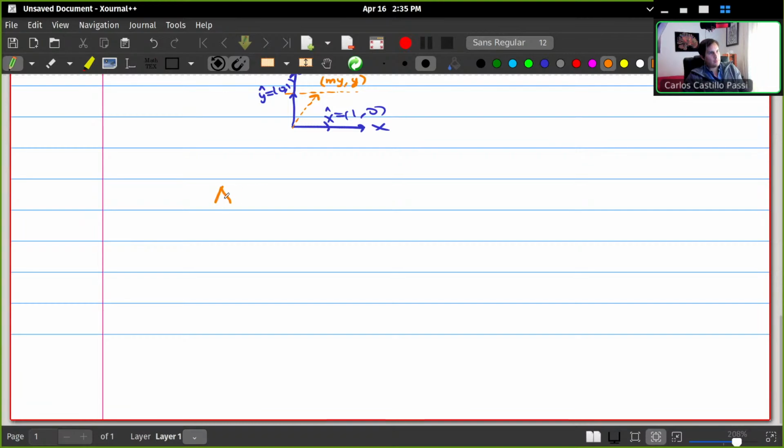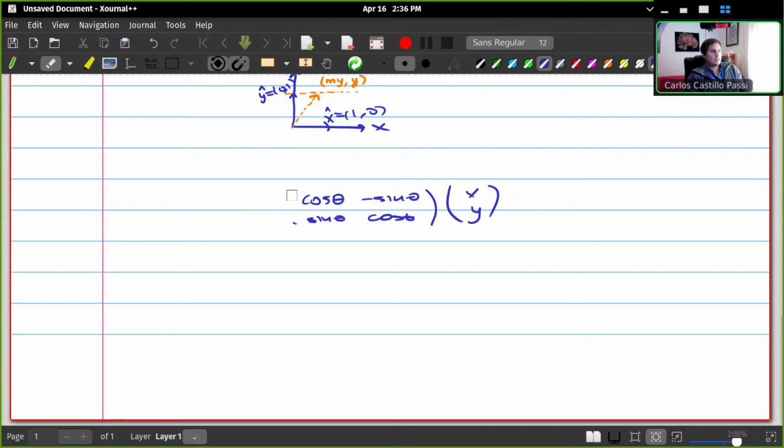That means that if I have a matrix A that is equal to cosine of this, minus sine of this, sine, cosine, and if I apply this matrix to x, y, I can later apply another matrix that is the same rotation but in the other side, or with the negative angle.